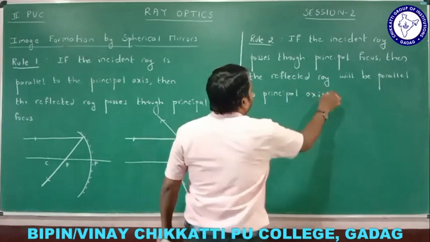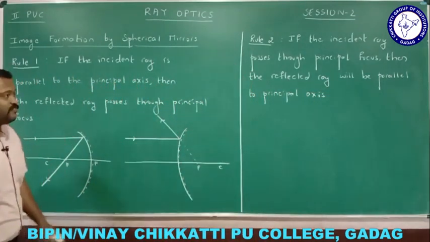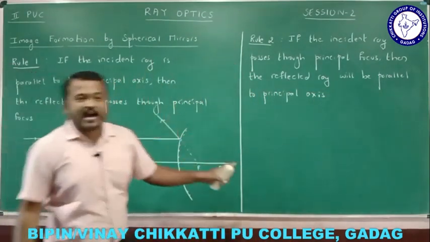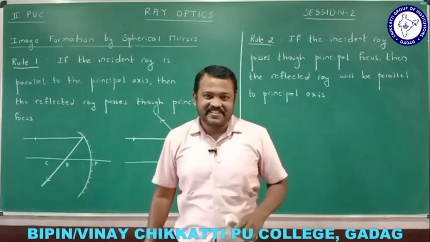Just the reverse of rule 1. If the incident ray passes through principal focus, then the reflected ray will be parallel to principal axis. Let us check it out.